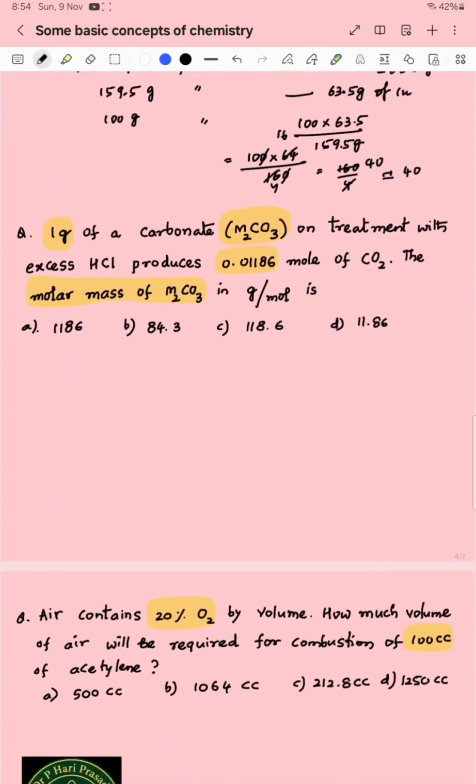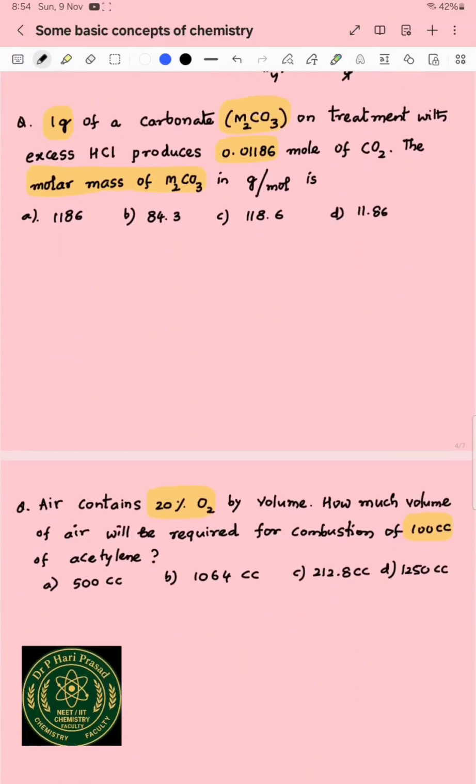Next, look at the next question, student. You can pause the video and check your answer right now. 1 gram of a carbonate M2CO3 on treatment with excess of HCl produces 0.01186 moles of CO2. The molar mass of M2CO3 in gram per mole is asked.